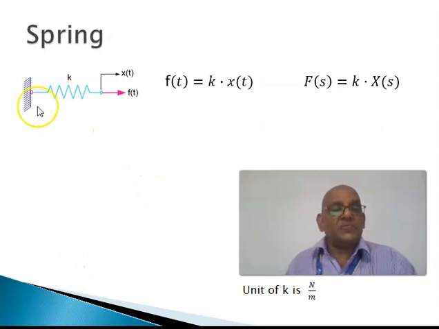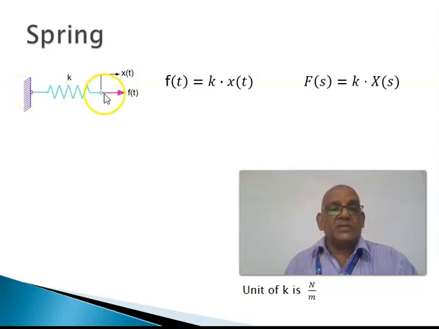A typical spring is represented as shown here, whose one end is fixed. At the other end you apply force and the spring undergoes a deformation x(t). One end of the spring has a deformation x of t, the other end is 0.